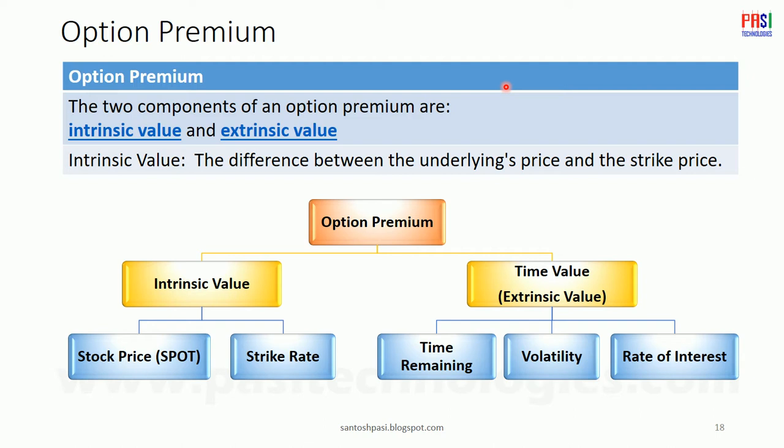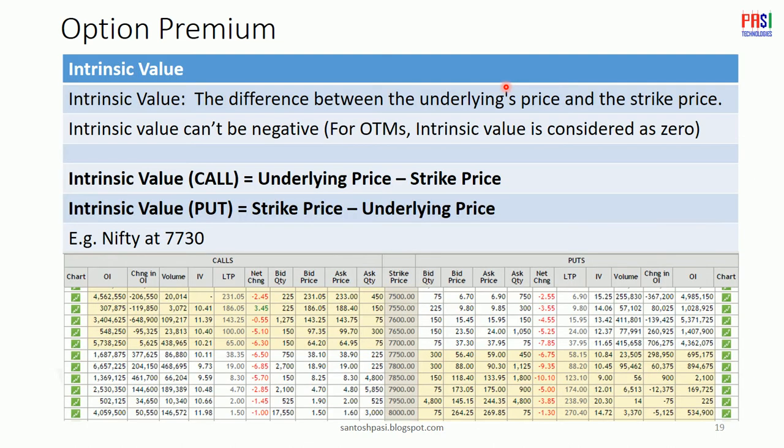That's dependent only on the spot price and the strike price, so that's very easy to calculate. Now let's see the example here. For the call, the formula is spot price minus strike price. In this example, my strike price is 7500, and the last price of the Nifty is 7730.